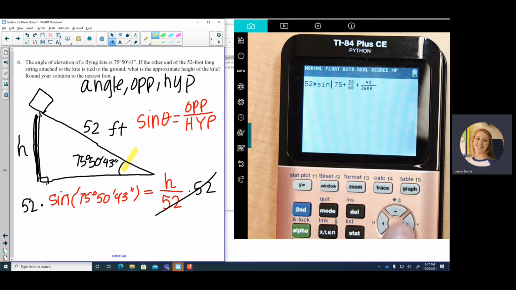Those denominators of the fractions always stay the same. It's just the numerators where you put in the minutes and the seconds. It said to round this to the nearest foot, so that would be approximately 50 feet. So the height is approximately 50 feet.